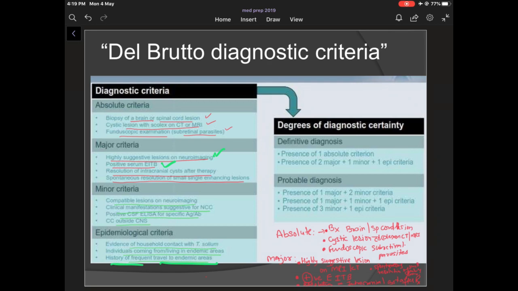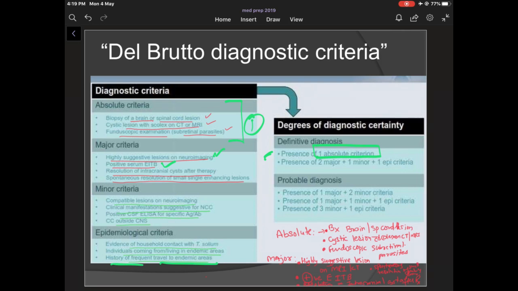So how do we say whether it is diagnostic or not? The degrees of diagnostic certainty depend upon the following. For definitive diagnosis, we have to have one absolute criterion.